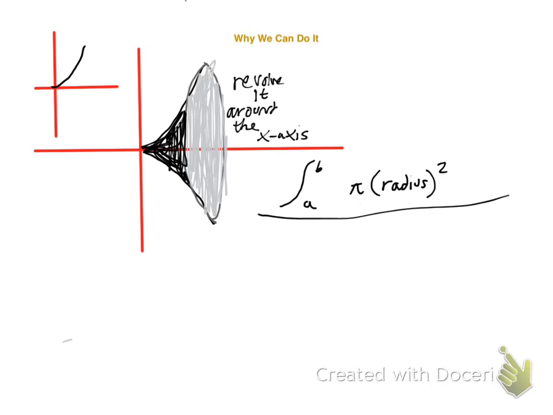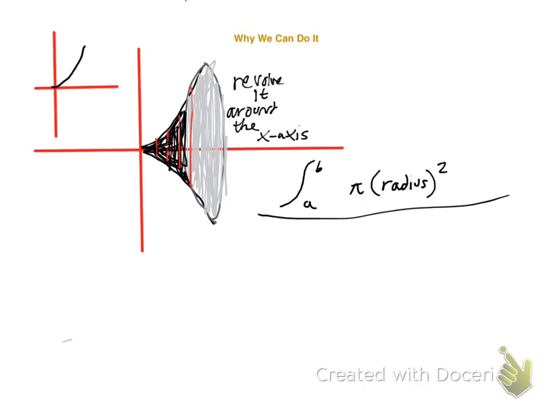We can't directly find the volume of this whole megaphone, or loudspeaker or whatever, so we have to split it up into lots of different shapes in order to get there. Hence divide and conquer. That's what we did for area, and we're going to do the same thing here for volume.